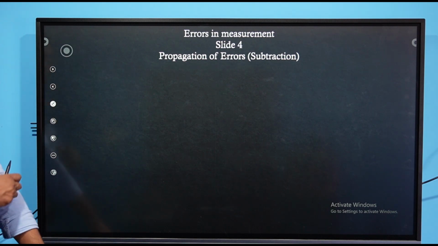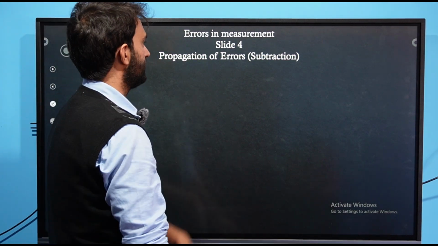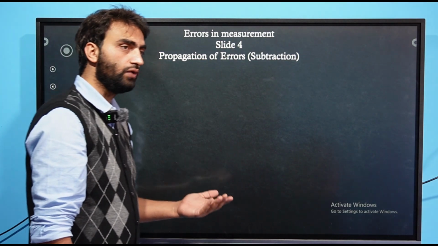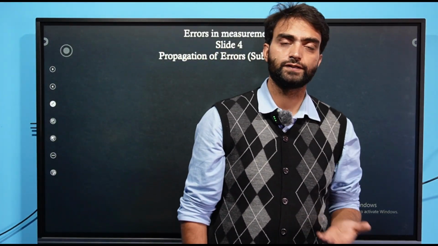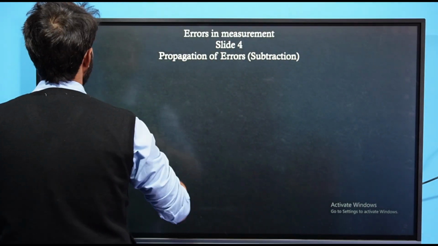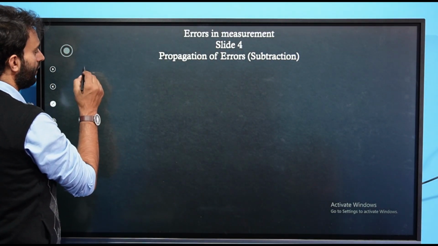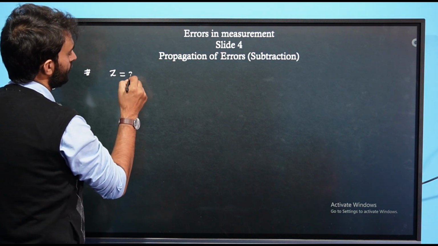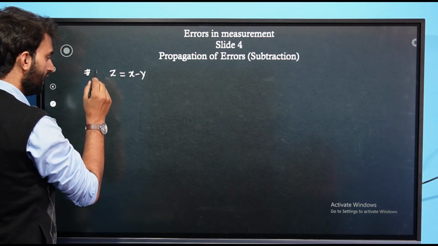Okay, so let's go to the next slide. Now in this slide we can see that we are studying the propagation of errors, but now the propagation of errors is being studied for the case of subtraction. So let us suppose we have got a value after subtracting two terms, that is z is equal to x minus y.